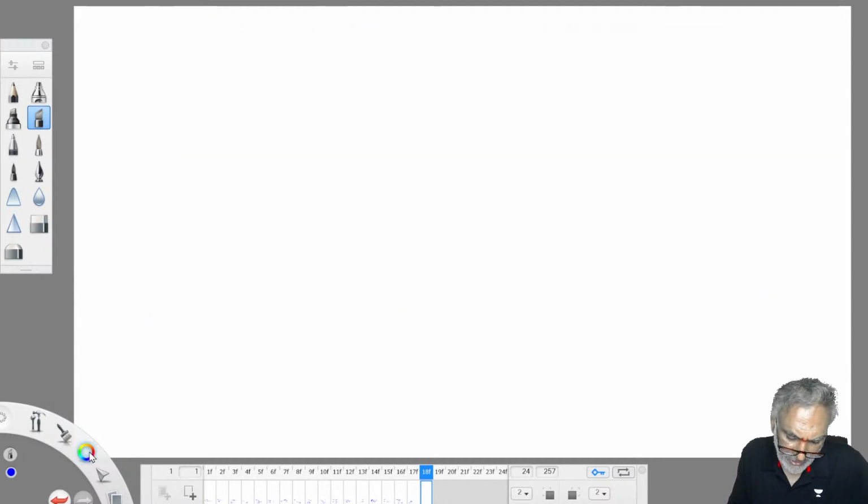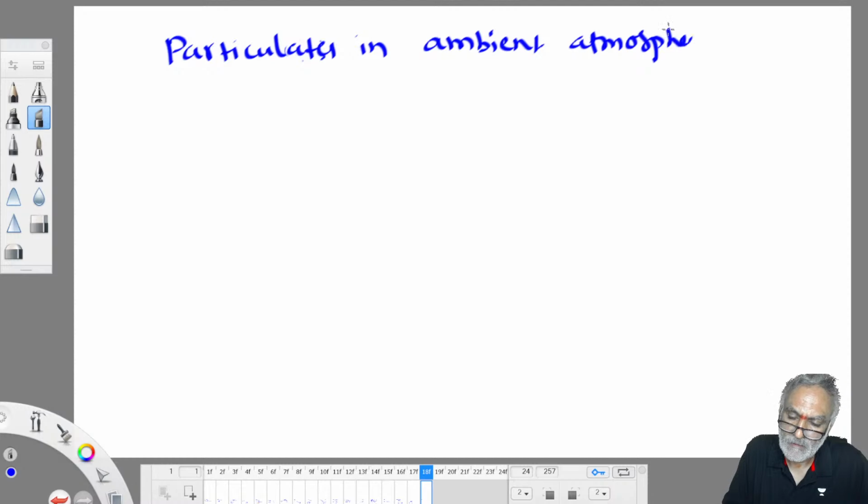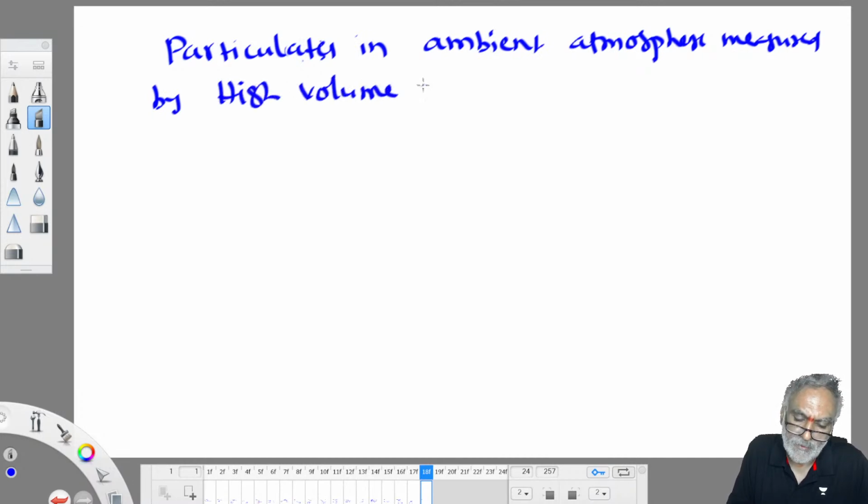So we measure these particulates in the atmosphere by a high volume air sampler. Based on the high volume air sampler experiment, they ask questions in the GATE exam. Particulates in ambient atmosphere are measured by a high volume air sampler using filter paper.